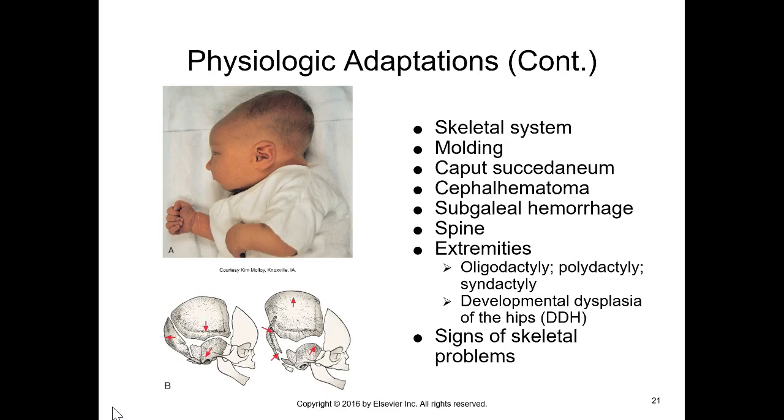The extremities. Developmental dysplasia of the hips, also DDH, is the instability of the hip, where the femoral heads are displaced from the acetabulum. You want to look in your book on page 523.